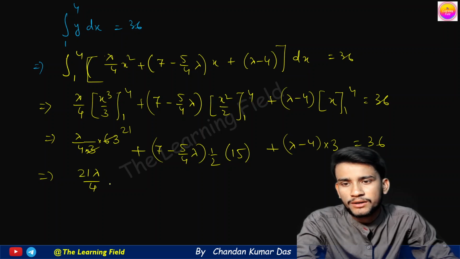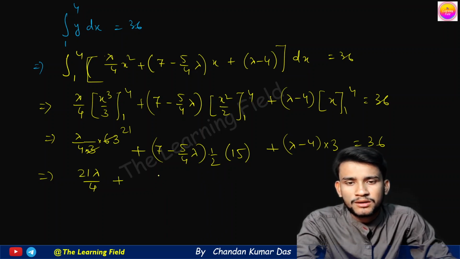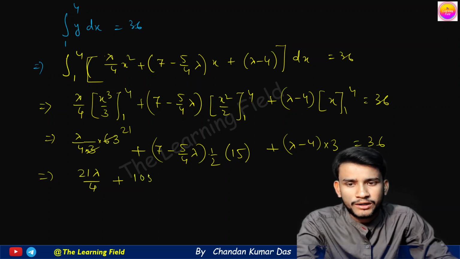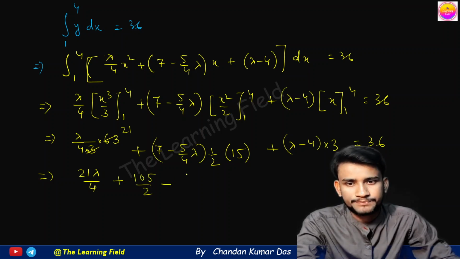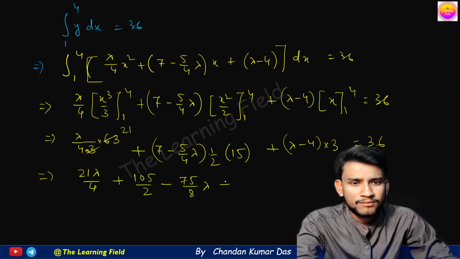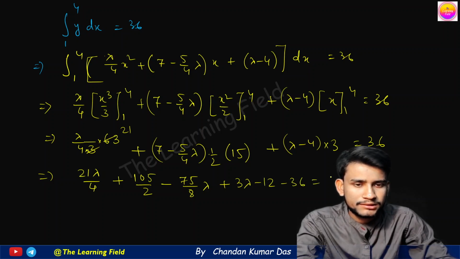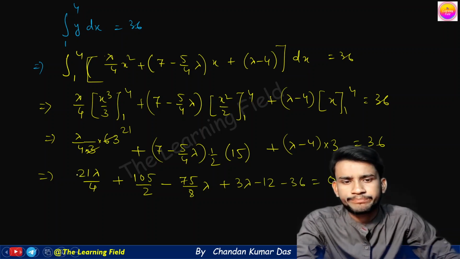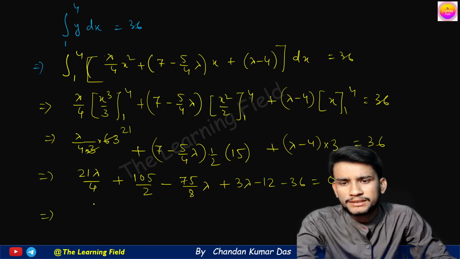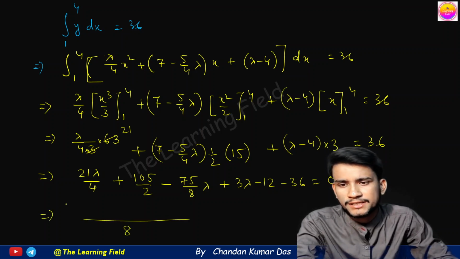So 21 by 4 lambda plus 15 by 2. So 105 by 2 minus 75 by 8 lambda plus 3 lambda minus 12 minus 36 is equal to 0 we can write. Okay, so these are the lambda terms, so I think it is the LCM.